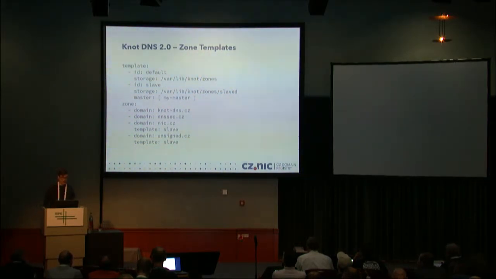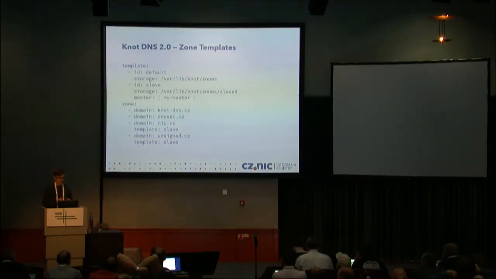This example demonstrates how the zone templates work. With Knot DNS 1.6, we kind of supported zone templates, but the template was only one. You could define some variables which defined defaults for a zone configuration.